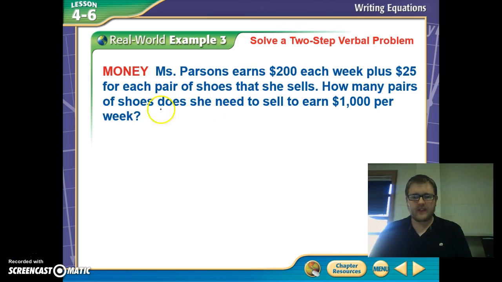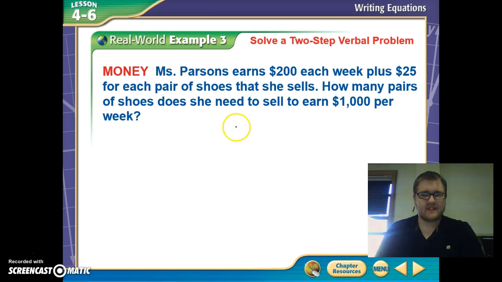So finally, we're going to take a look at this word problem. Miss Parsons earns $200 each week, plus $25 for each pair of shoes that she sells. How many pairs of shoes does she need to sell to earn $1,000 per week?